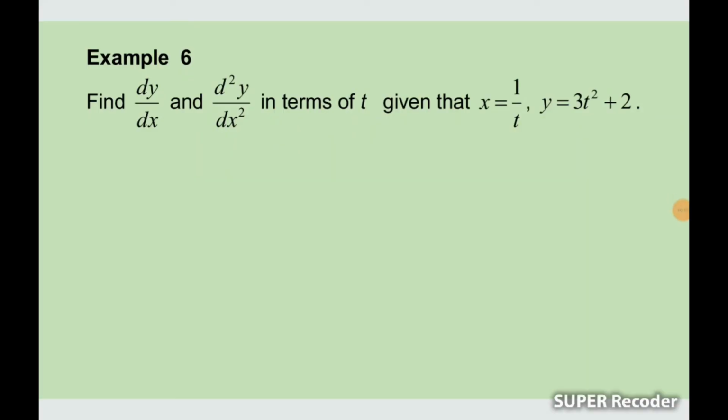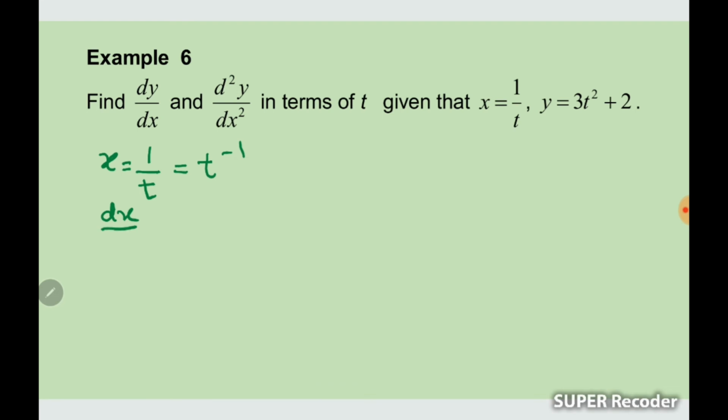Example 6. Find dy dx and d squared y dx squared in terms of t, given that x equals 1 over t and y equals 3t squared plus 2. So given that x is a function in terms of t, that is x equals 1 over t, or you can simplify to be t to the power of negative 1.